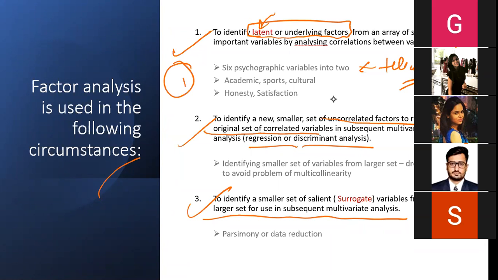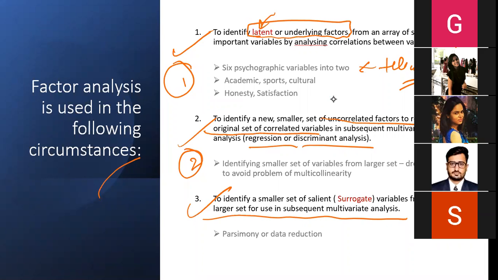Second is to identify a new smaller set of uncorrelated factors. I mentioned something about multicollinearity. What is multicollinearity? It's a problem when two independent variables show high correlation.